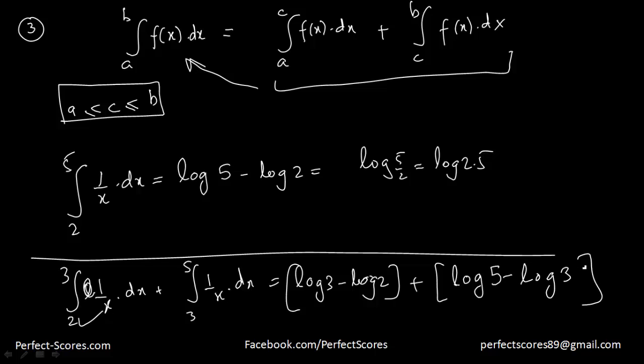As you can see, the log of 3 terms cancel, and I'm left with log of 5 minus log of 2, which is equal to log of 2.5. So again, we're able to say this is a property for definite integrals.